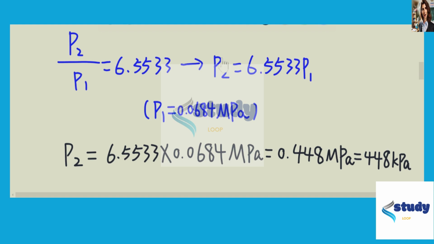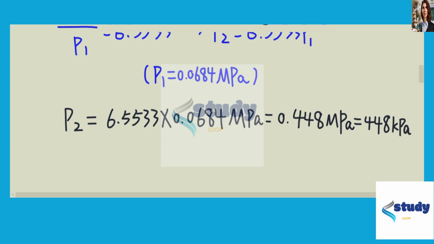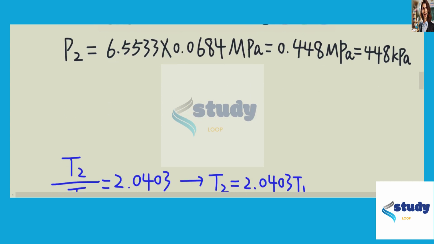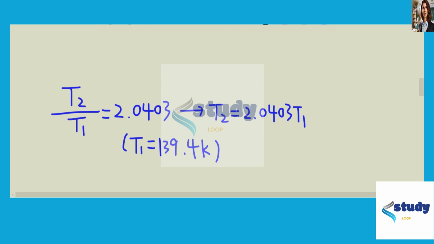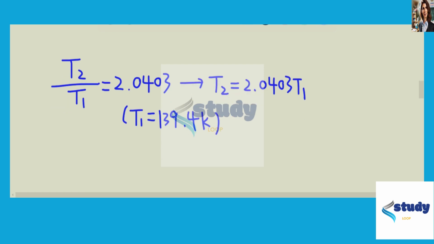And the relationship I found between the pressure before the shock and after the shock is based on table A33 for the Mach number equal to 2.4. Okay? And then if you continue looking at table A33 at Mach number 2.4, you'll find the relationship of the temperature after the shock and the temperature before the shock. So T2 over T1 is equal to 2.0403. And we know T2 can be expressed as 2.0403 T1.